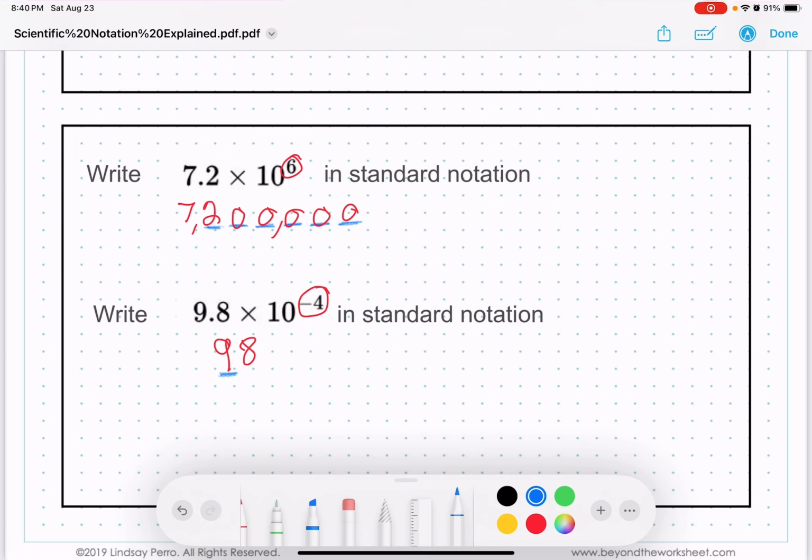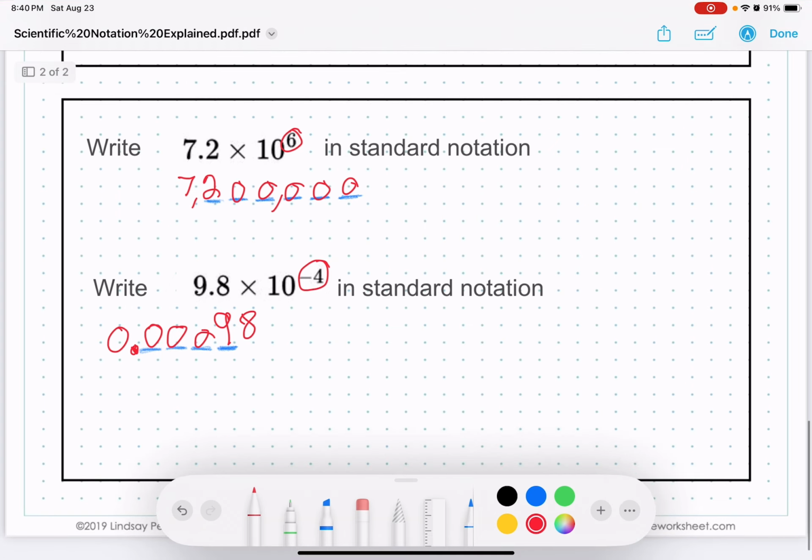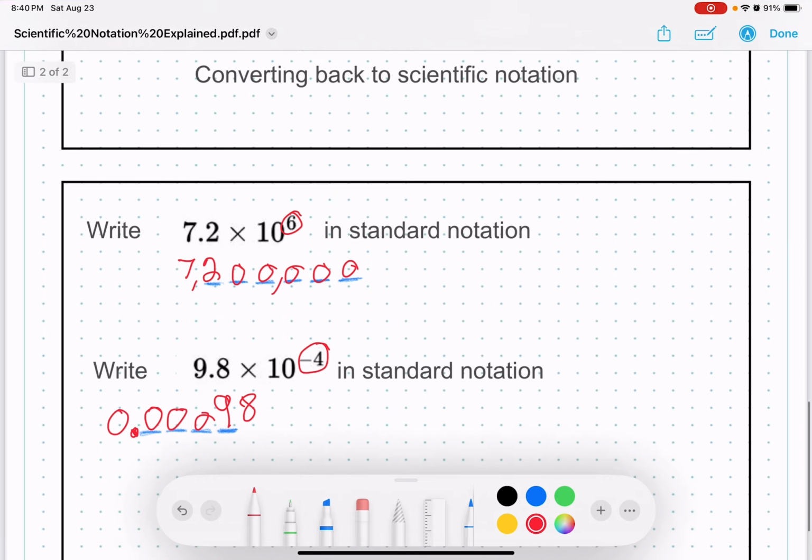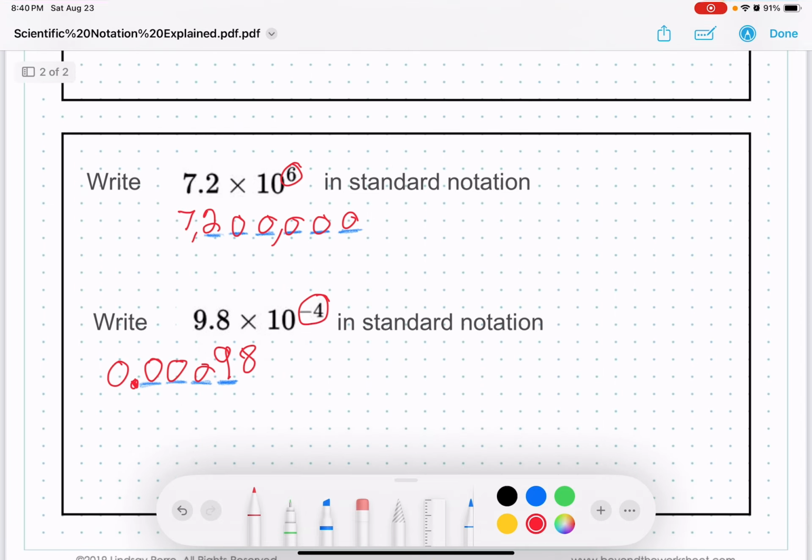So that means my 9 is 1, 2, 3, 4. And I'm going to fill in with zeros. So that's 0.00098. And that is how we are converting numbers to scientific notation. Best of luck.